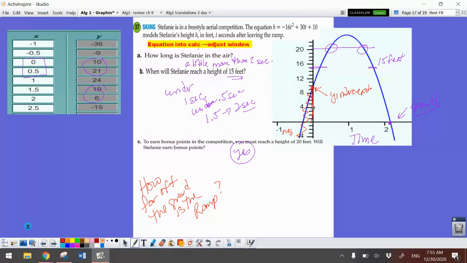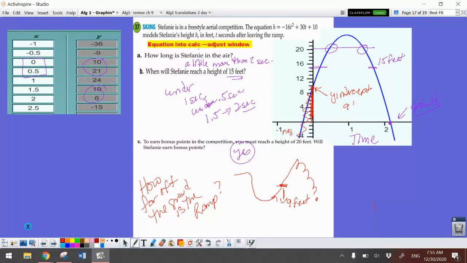So my graph is really starting right here. That starting point is right about 9. So when she came down off her ramp, the mountain throws her off and she goes up in the air, does her flips, and then lands right here. The ramp would have been 9 feet off the ground.